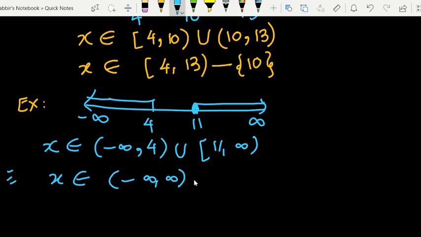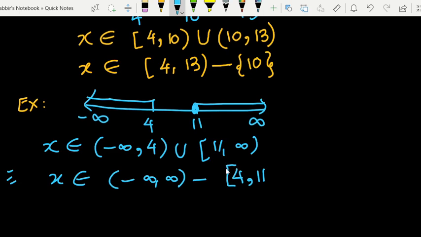So we will subtract, using the minus sign, the interval 4 comma 11. Now my question to you guys is, will a square bracket come or a round bracket? 4 must not be a solution, so we are subtracting 4.